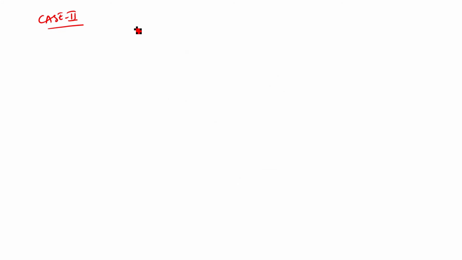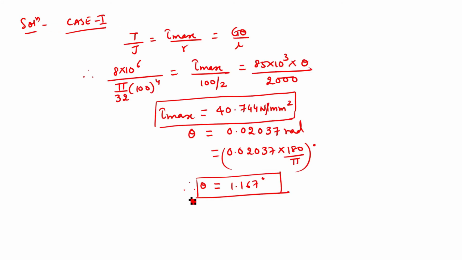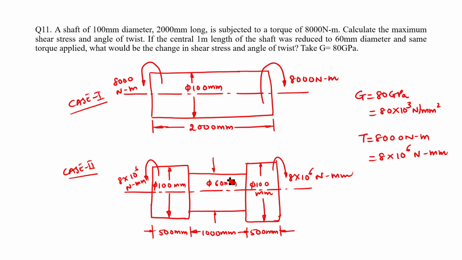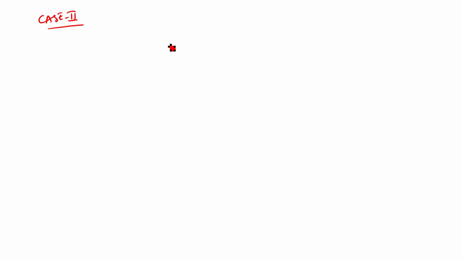For case 2, I will have to calculate the value of tau max and theta for individual cases. If you look here carefully, the value of tau max for these two is going to remain the same because the diameter is same. Only for the central portion I need to calculate the value of tau max. So I will calculate that as T by J is equal to, let me label this as tau max 2 upon R. So I will get this as, okay, let me call this R2.